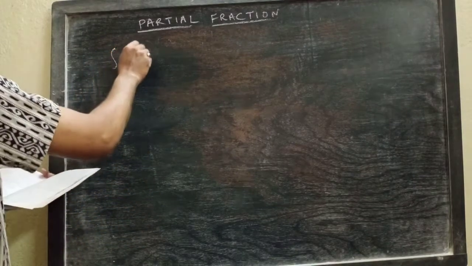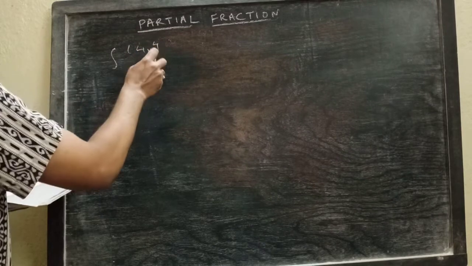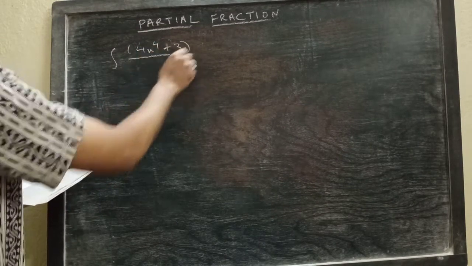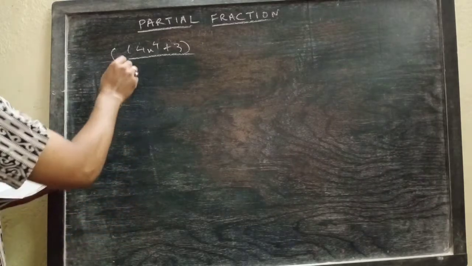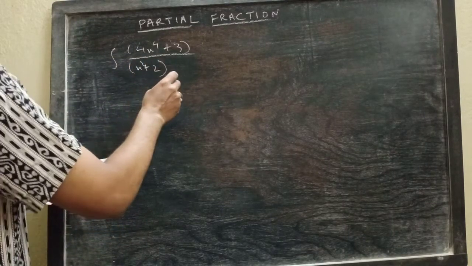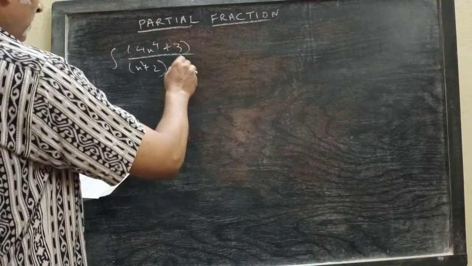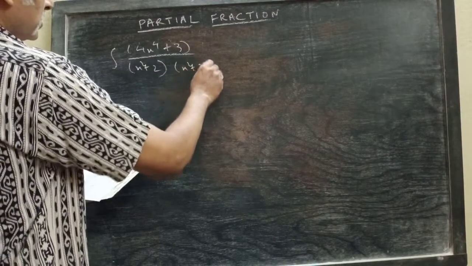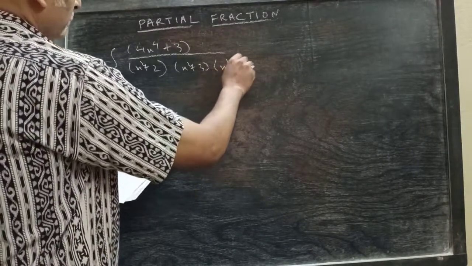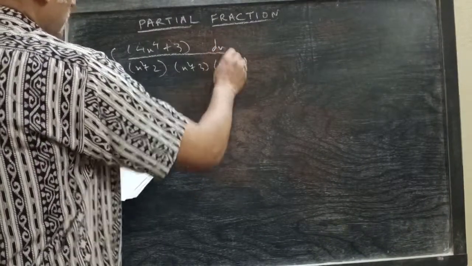Integration of (4x to the power 4 plus 3) by (x square plus 2)(x square plus 3)(x square plus 4) dx.